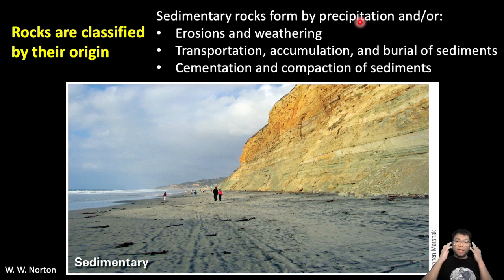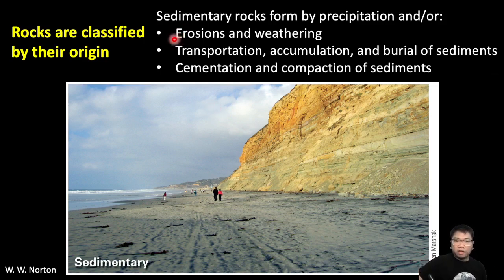But they can also form through these processes that create what we call clastic sedimentary rocks. Clastic sedimentary rocks are a type of sedimentary rock that consists of reworked fragments of any pre-existing rocks.